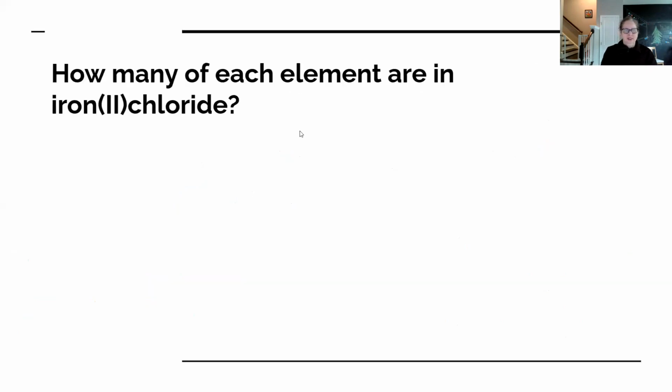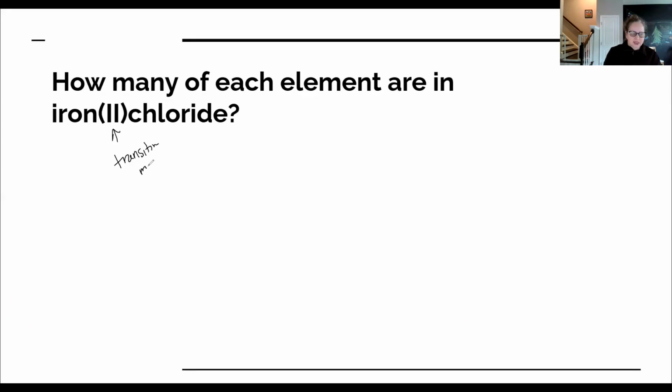How many of each element are in iron 2 chloride? Oh, Roman numeral, so right there, I know I have a transition metal, which means I'm not all nonmetals, so I have an ionic bond. Okay. I'm going to start with the positive. Iron is capital F lowercase e with a charge of 2, positive 2, cation.